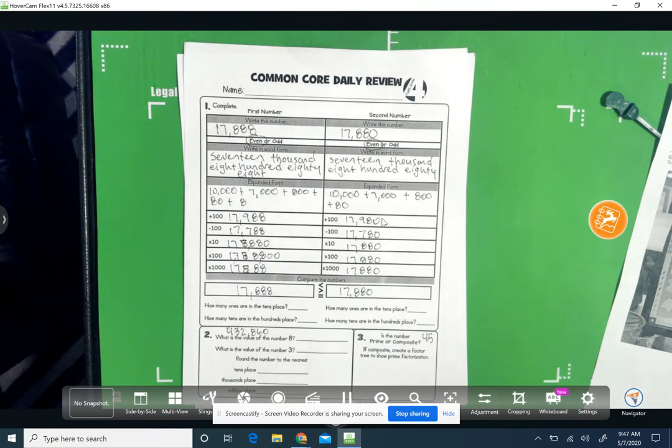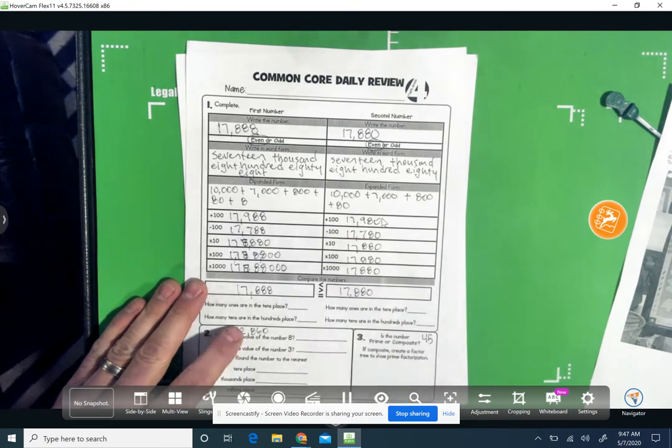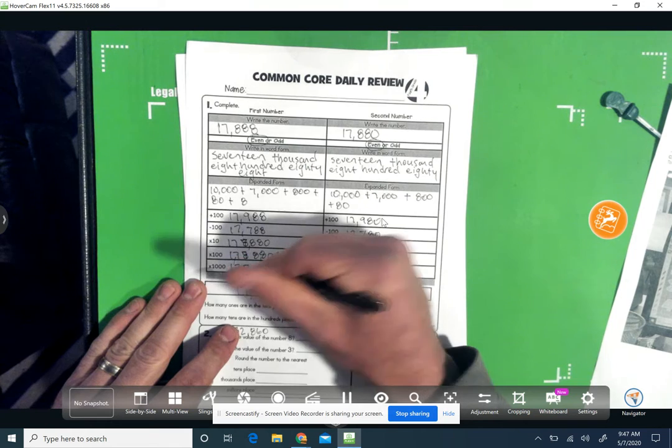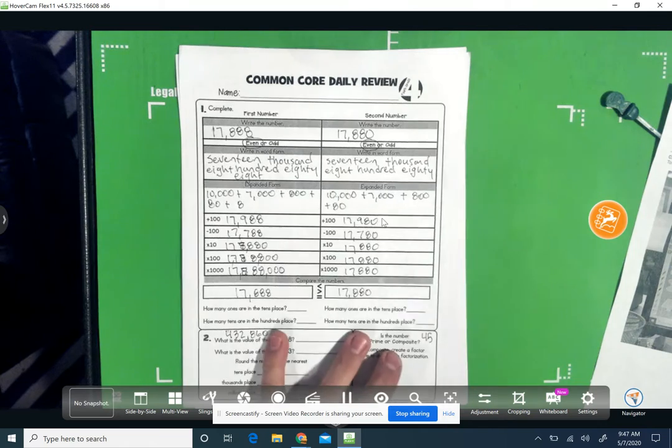The difference that 2 zeros makes, my goodness. And multiplying by 1,000, we are going to add 3 zeros. Ones, tens, hundreds, comma, ones, tens, hundreds, comma, and 17,888,000 is where you end up.